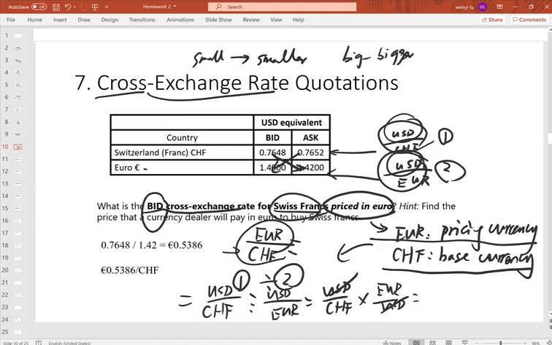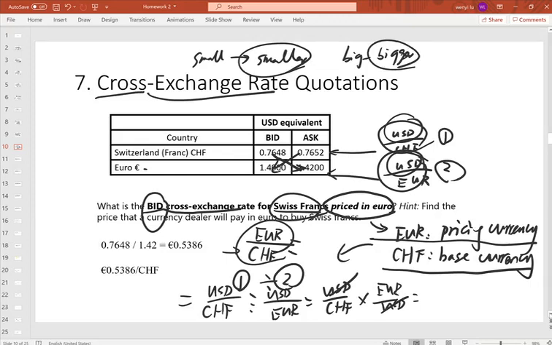There are two translations of the currency, so the bank will double charge the cost, and the spread should be even bigger. So the bid should become even smaller and the ask should become even bigger.